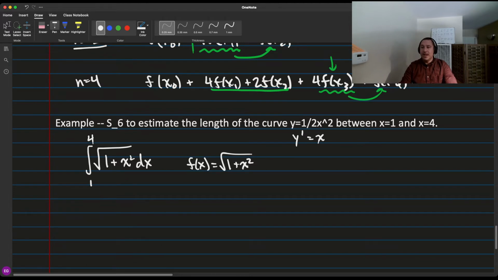Our delta x is going to be b minus a over n. Our n is 6, so you get 3/6, which is a half. Now you need to find out what your xi is. Your xi is a, which is 1, plus i times delta x, which is a half. So that's going to be 1 plus i over 2.